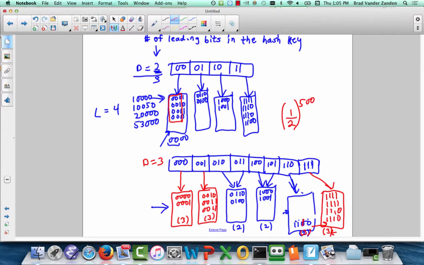Okay, so this is pretty simple. If you're doing a lookup, and let's say it maps to 100 as the leading 3 bits, then you know where the first entry starts on disk. Let's say it started at location 1000. So 100 is 4.